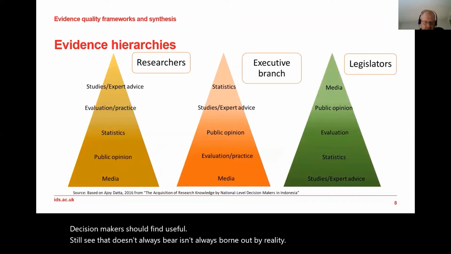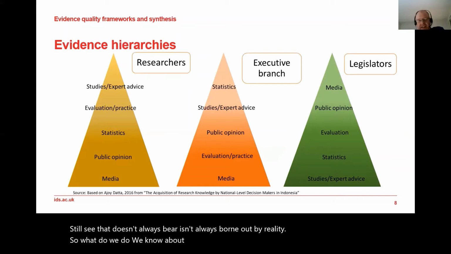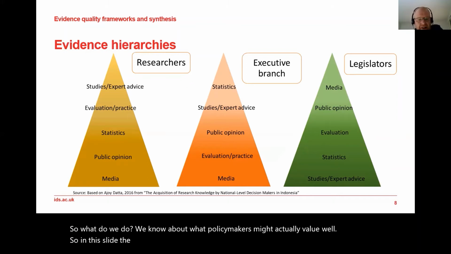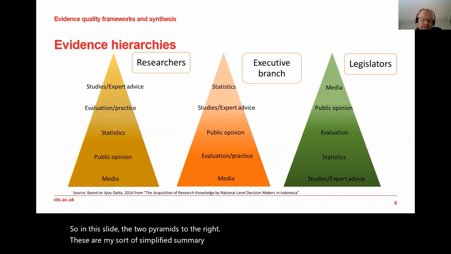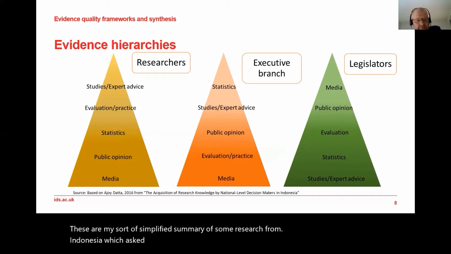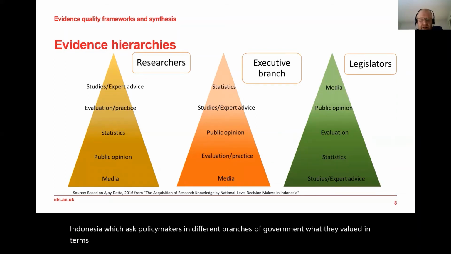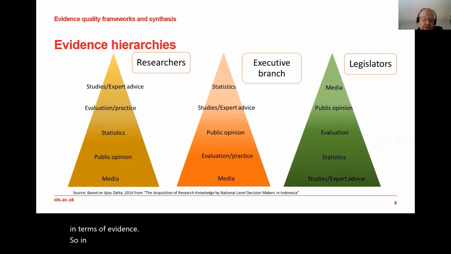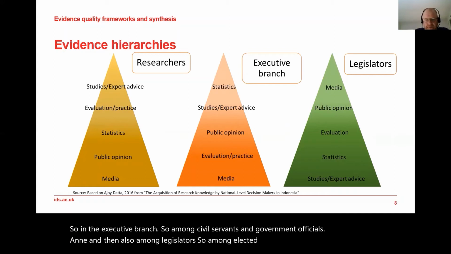So what do we know about what policymakers might actually value? Well, in this slide, the two pyramids to the right are my simplified summary of some research from Indonesia, which asked policymakers in different branches of government what they valued in terms of evidence. So in the executive branch, among civil servants and government officials, and then also among legislators, so among elected officials, those who make the laws.